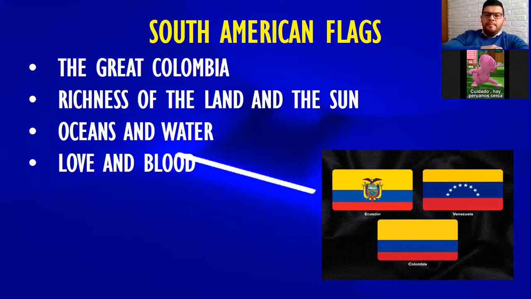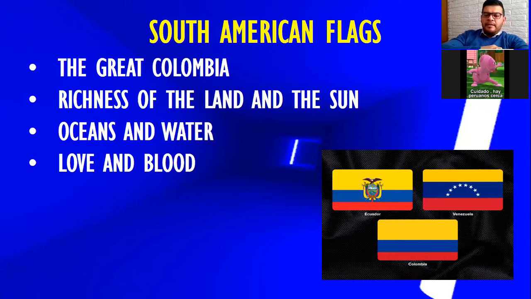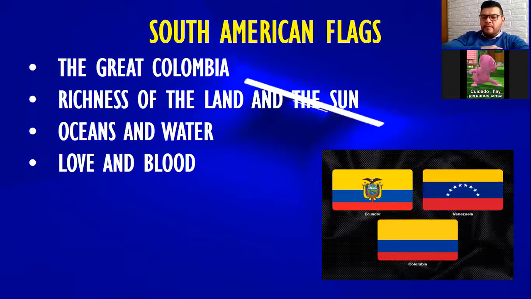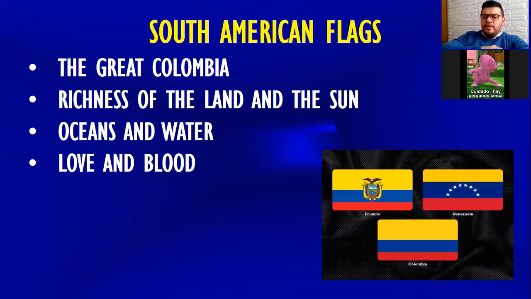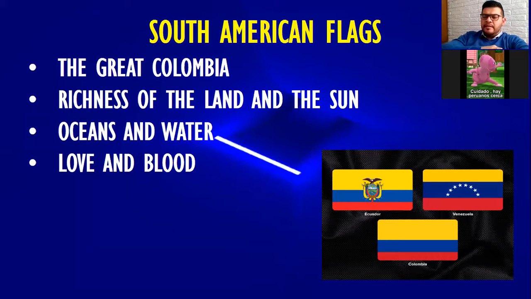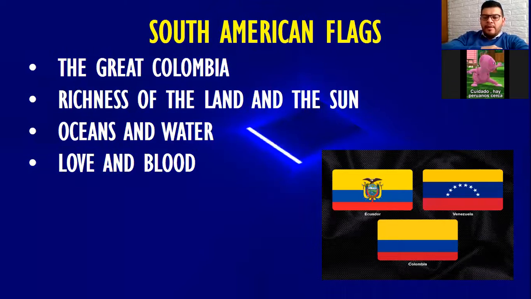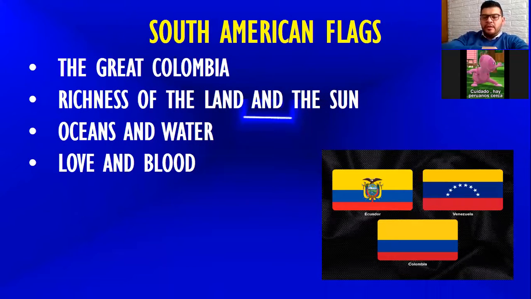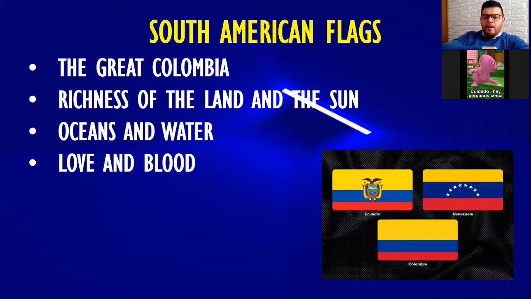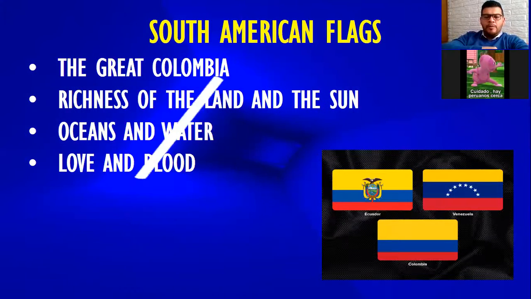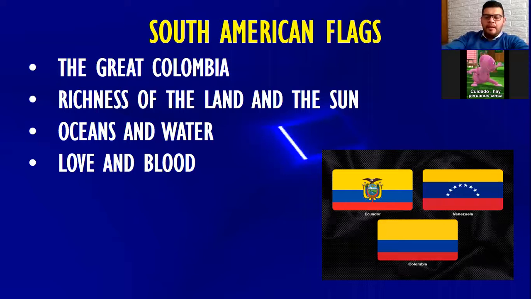So as you can see, the flags from these countries that used to be part of the Great Colombia have the same colors. The only thing that is different is that the Venezuelan flag has some stars, and the Ecuador flag has a shield with a condor in the center, trying to fly all over the shield of the Ecuador flag. Yeah.